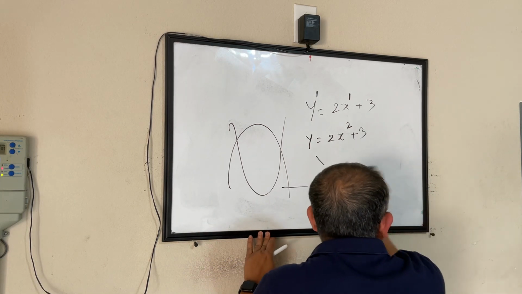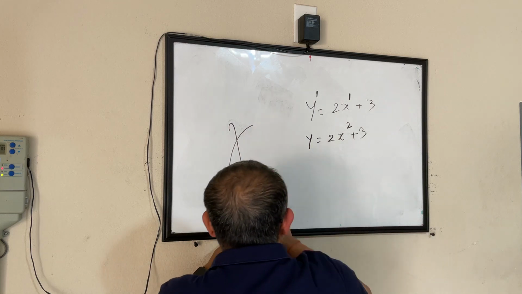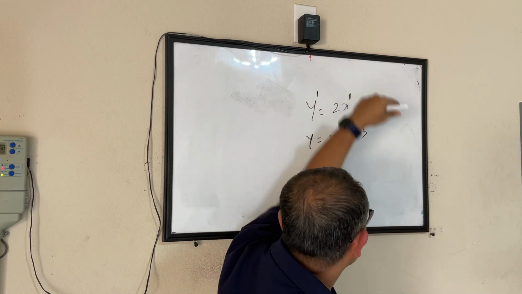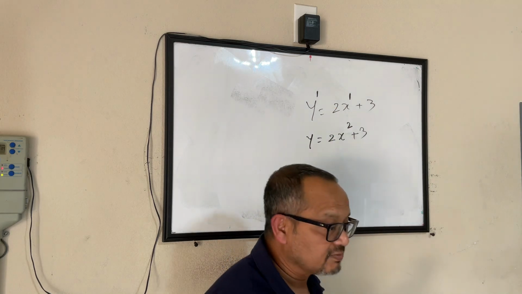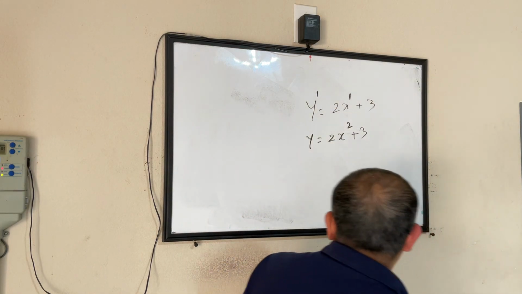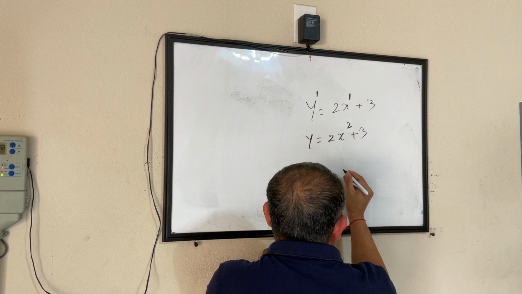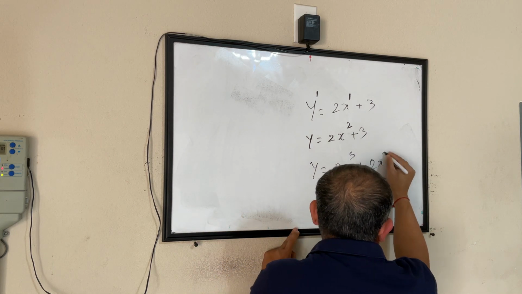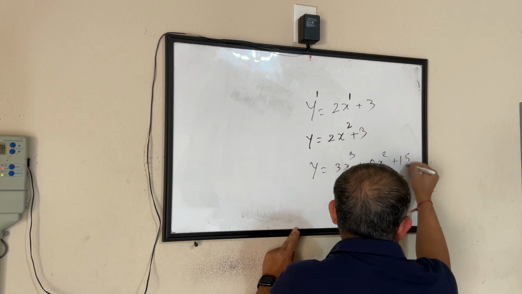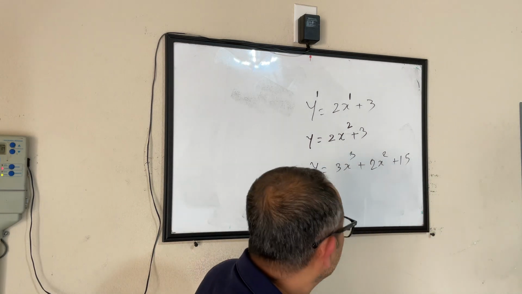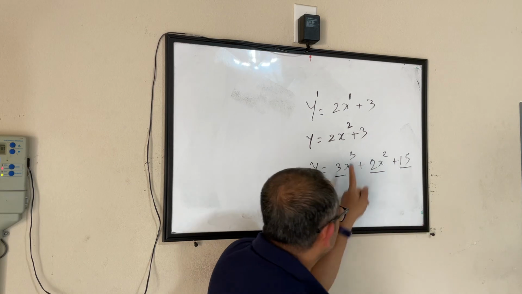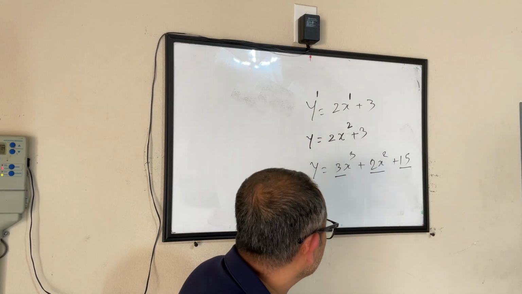Now, does it mean that we have only two variants? Meaning when the variable has maximum power 1 and when the variable has maximum power 2? No. If I'm talking about this, this is also a polynomial because you have many terms, more than one term, and the maximum power is more than 2 also.